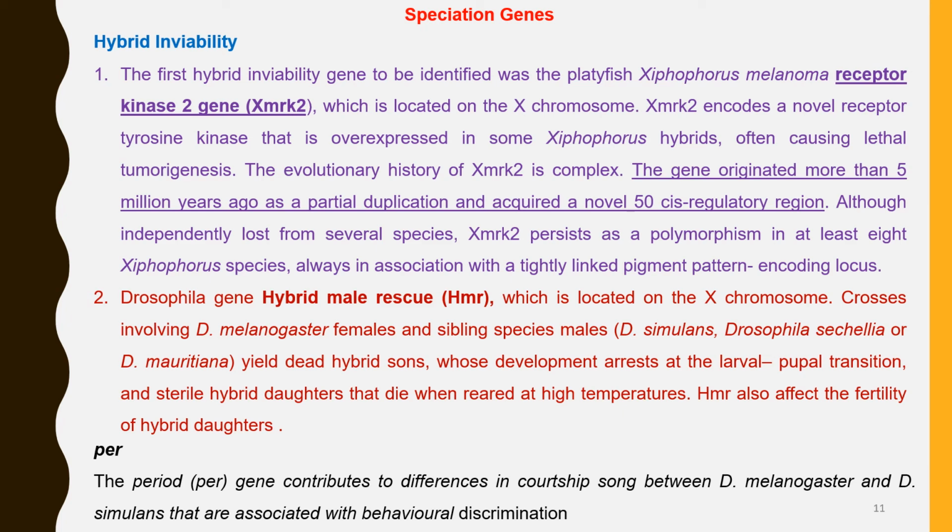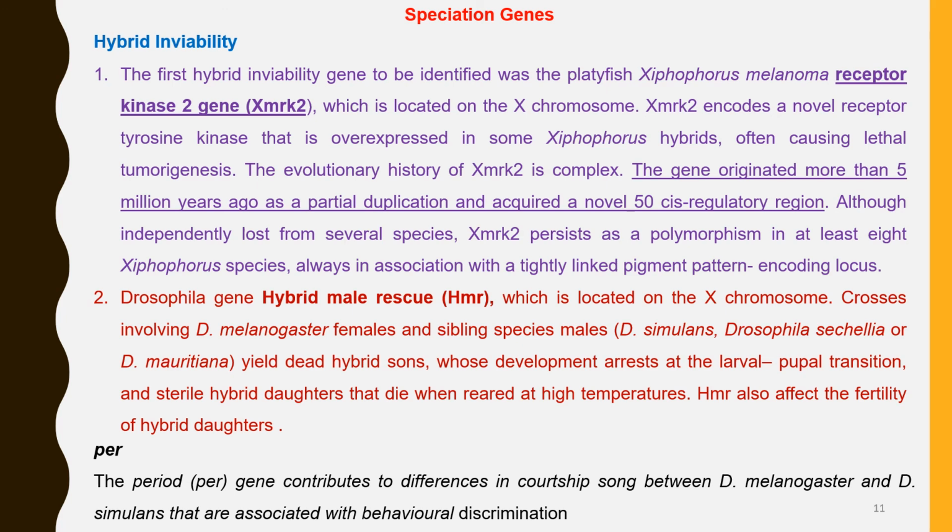If a cross occurs between Drosophila melanogaster females and its sibling species, it yields dead hybrids. The development is arrested at the larval-pupal transition. The sterile hybrid daughters too die when reared at high temperatures. The HMR gene also affects fertility of hybrid daughters.